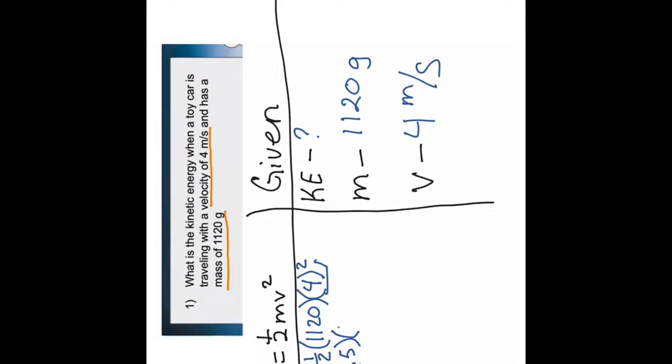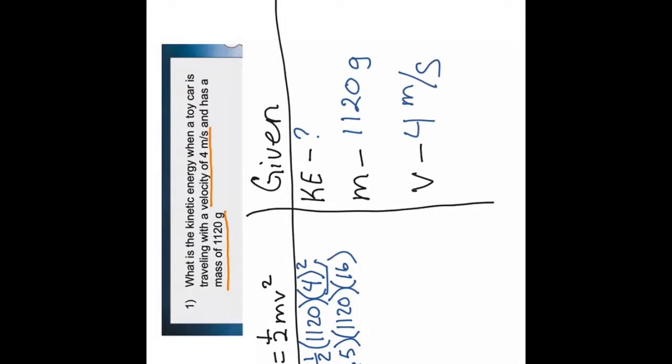Then I'm going to go ahead and put this number here, 1,120. And then 4 squared. Oh, my calculator's turned off on me. 4 squared. 16. Oh, I should have known better. I was supposed to memorize that, right? Okay. Anyway, alright, and now we want to multiply all these together.